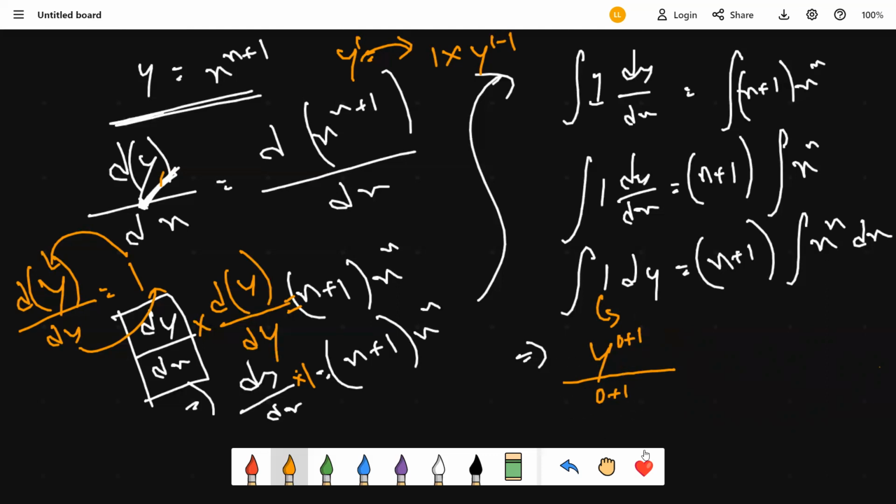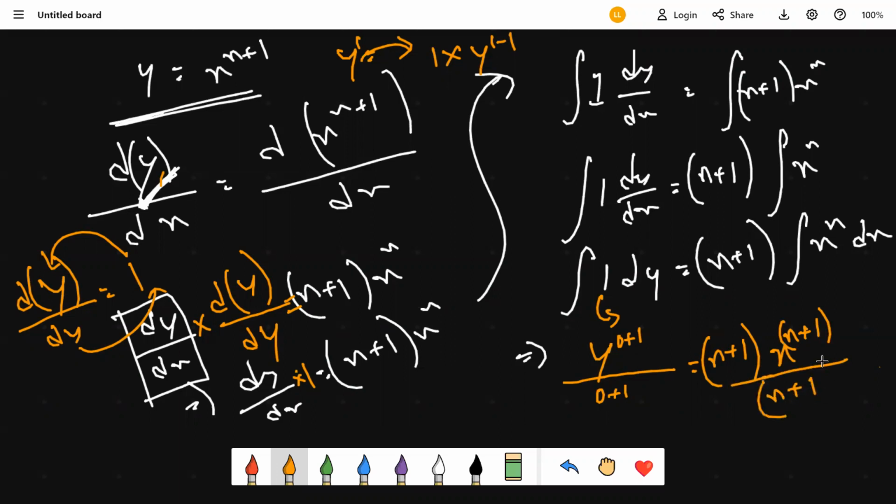That will do the work for you. Similarly, on the right hand side, we have n plus 1, that's the constant. But here we have to increment the power by 1, so x to the power n plus 1. And we have to divide the whole thing by the new power, which is n plus 1, isn't it?